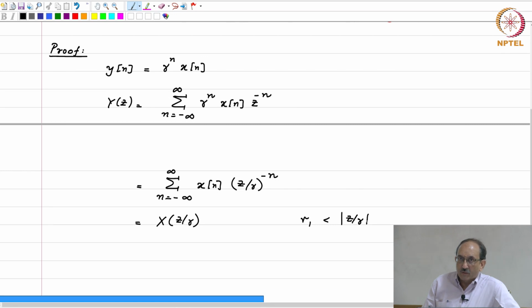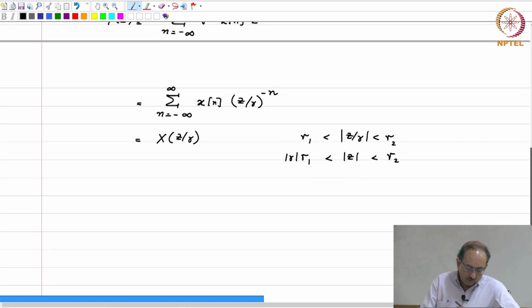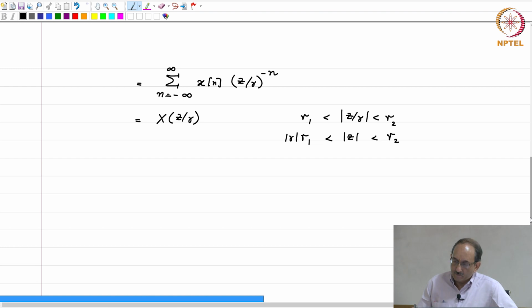Therefore, z by gamma has to be part of the region of convergence, and this is commonly written as gamma times R1 less than mod z less than gamma times R2. So, this proves the property.